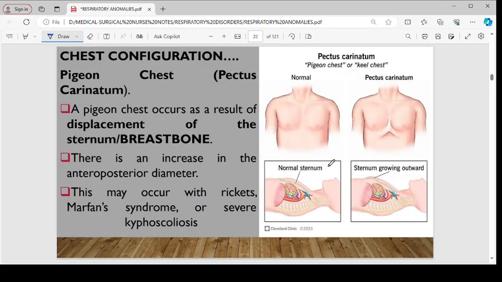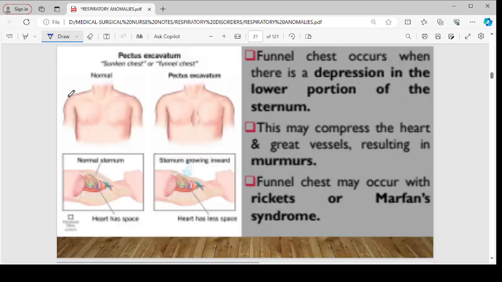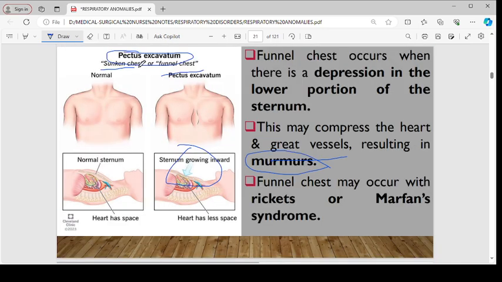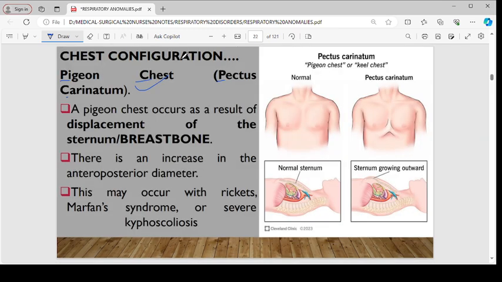The third one is the pigeon chest, also referred to as pectus carinatum, and that can help us differentiate between it and pectus excavatum, which is the sunken or funnel chest.